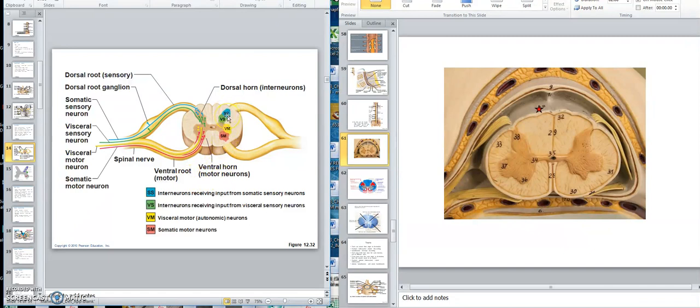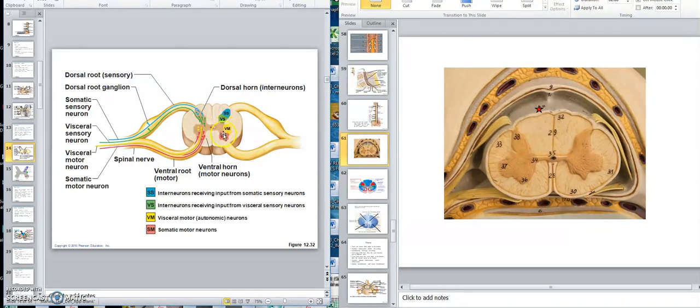What did we say somatic sensory did? More of the body wall, the skin, which would be the epidermis, the dermis, and so forth like that. Stuff coming in from like the bladder and the intestine is a visceral sensory. See, the cord is very specialized. So these are visceral sensory, like stretch on your bladder or the intestine.